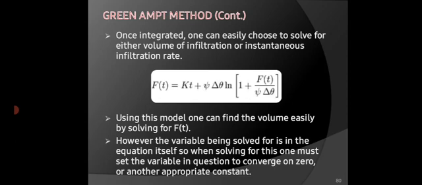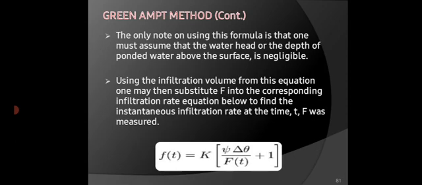Once integrated, one can choose to solve for either volume of infiltration or instantaneous infiltration rate. So infiltration can be found in terms of volume, meter cube, or infiltration rate, meter cube per second, and using this Green-Ampt model one can find the volume F(t) of infiltration.